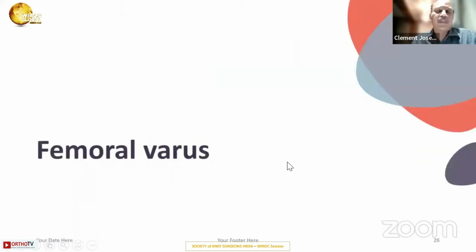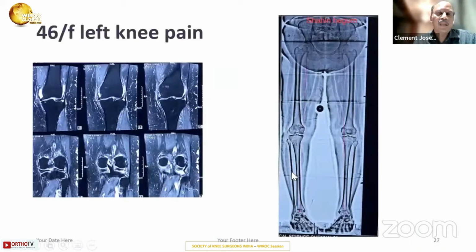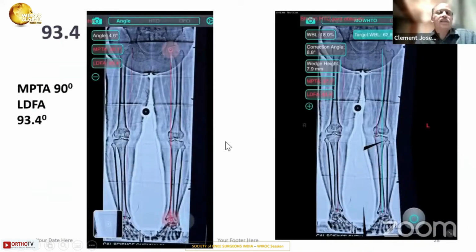And coming to the femoral varus, it's important to know that 10 to 15% of all varus deformity can arise in the femur. This is an example of a patient, the mother of an orthopedic surgeon, whom on the outside we thought we could get away with a high tibial osteotomy because she had a root tear and severe medial joint pain. But careful assessment of the angles revealed that she had an MPT of around 90 degrees and an LDFA of around 93.4.